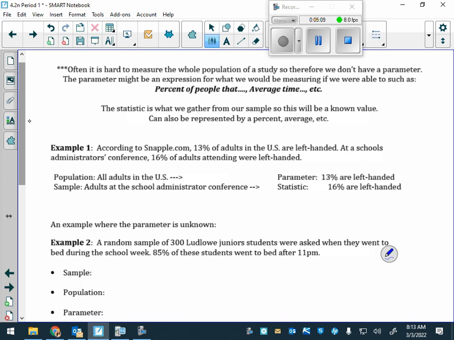In some cases, just to start, we're going to show you what it looks like when you're given a parameter, but most of the time it's unknown, okay? So if the parameter states percent or average time, the statistic will be the actual percent or the average, okay? So the keywords will be exactly the same.